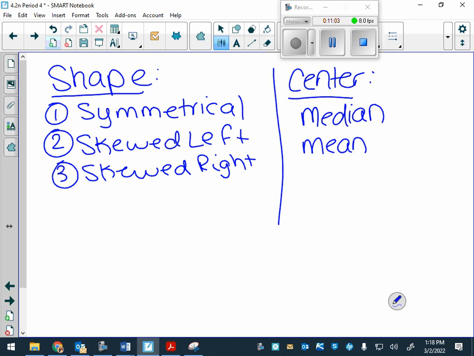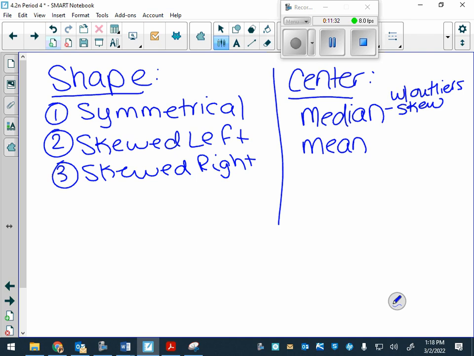If there's outliers, the median is the most that we would look at, okay? The median would be what you describe the center as for box plots, okay? So the median and mean are the center. This is with outliers or if it's skewed, okay? Mean you would typically use if it's a normal distribution, okay?